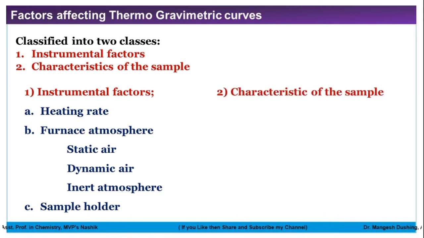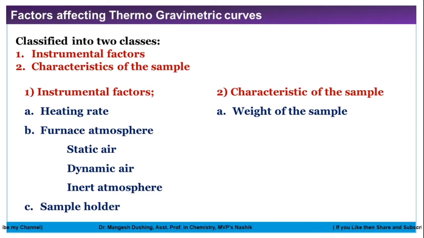Next factors are the characteristics of the sample. The sample has particular characteristics, and those also affect the thermogravimetric analysis. First is the weight of the sample. A smaller weight of the sample gives a better result than a larger weight, which causes deviation from the linear curve of the weight loss with rise in temperature.